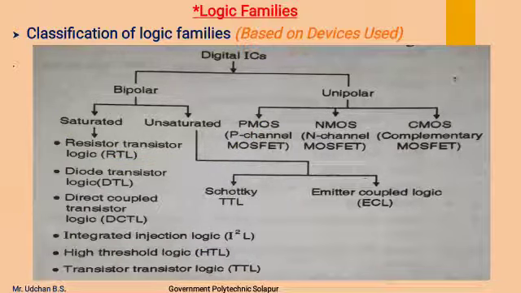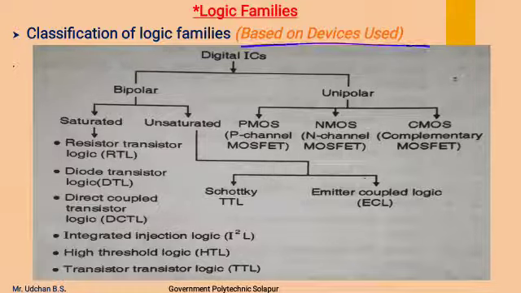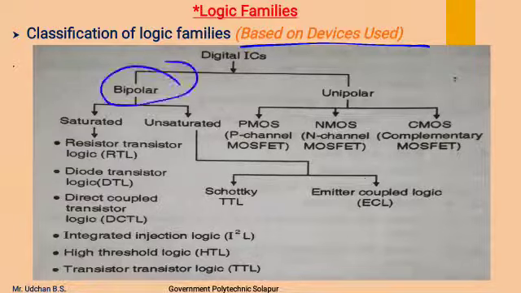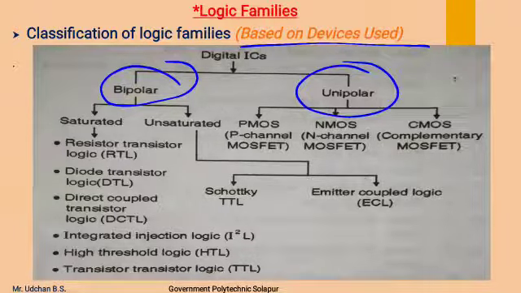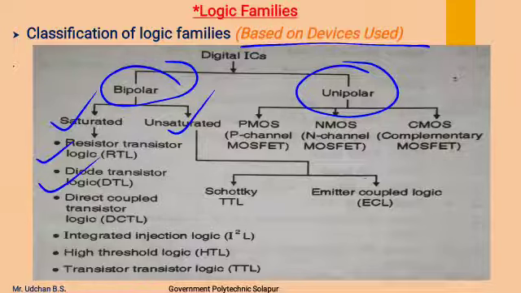Now this is the overall classification of the logic families or digital ICs based on the devices used, that is bipolar devices and unipolar devices. In bipolar devices, again, as I said earlier, there are two types, saturated and unsaturated. In saturated, the digital ICs may be resistor transistor logic, diode transistor logic, direct coupled transistor logic, integrated injection logic, high threshold logic, and transistor transistor logic.